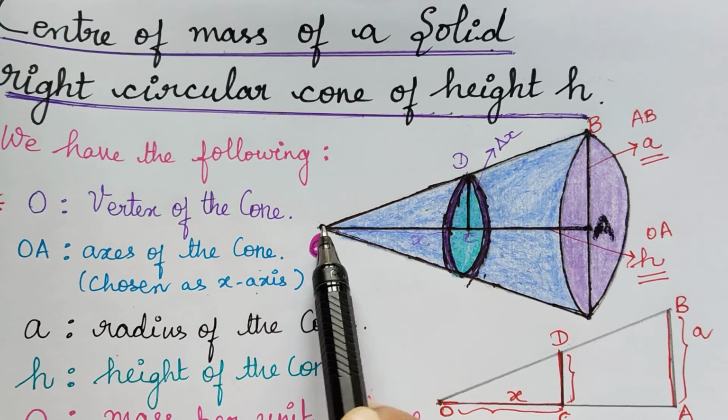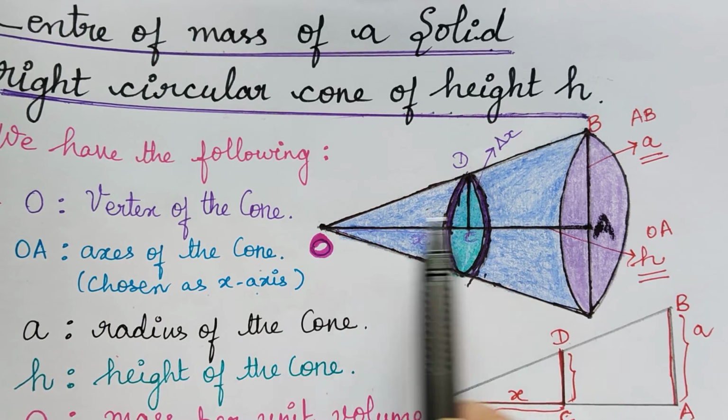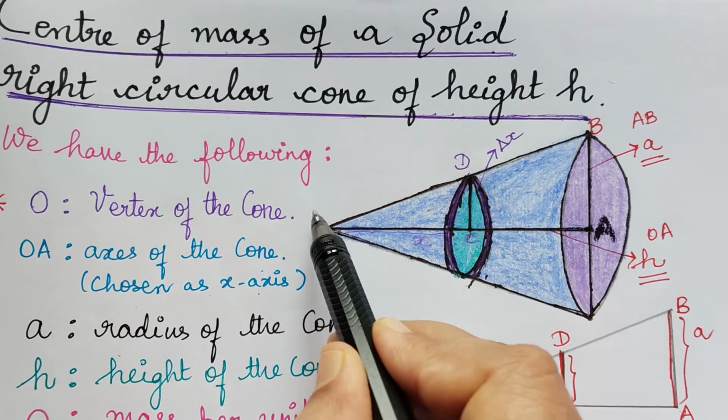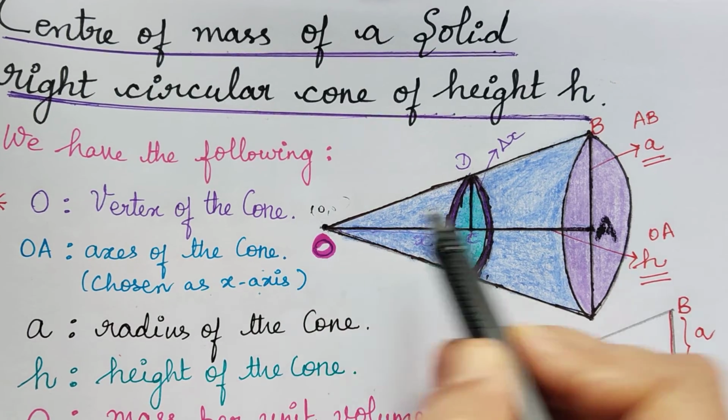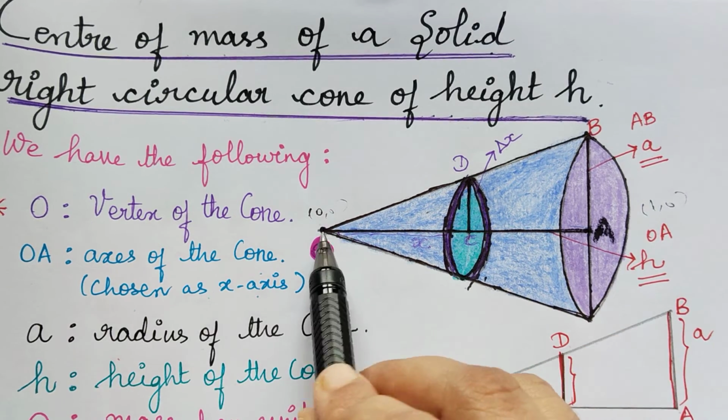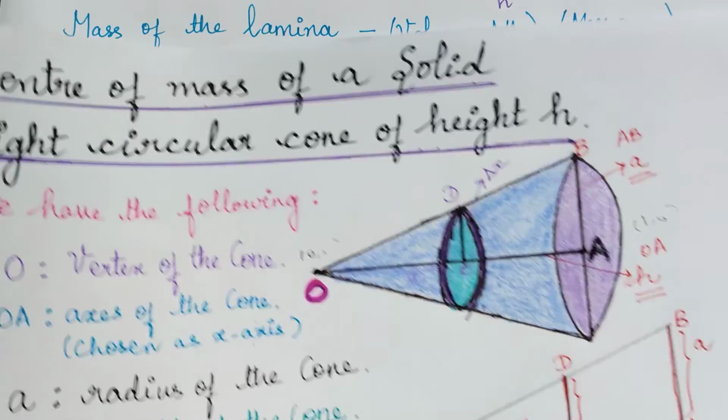We take this point as 0 comma 0 and this point as h comma 0, and therefore it has to be integrated from 0 to h.